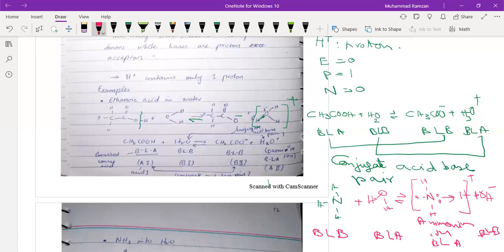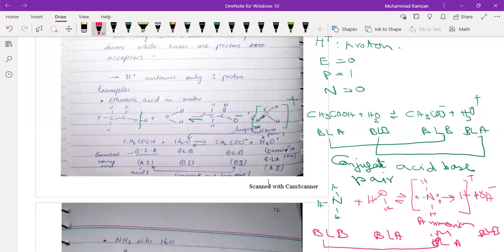Now you pair up. NH3, which was the base on the left side, becomes acidic on the right side. So this is called conjugate. Conjugate means they are linking together, joined together, basically derived from each other.